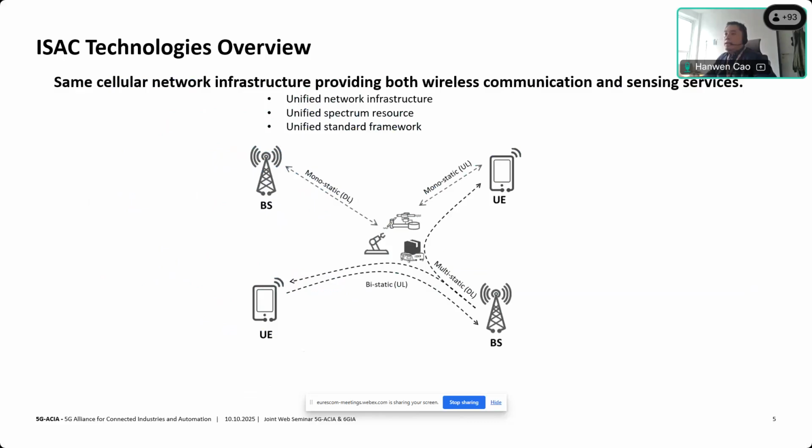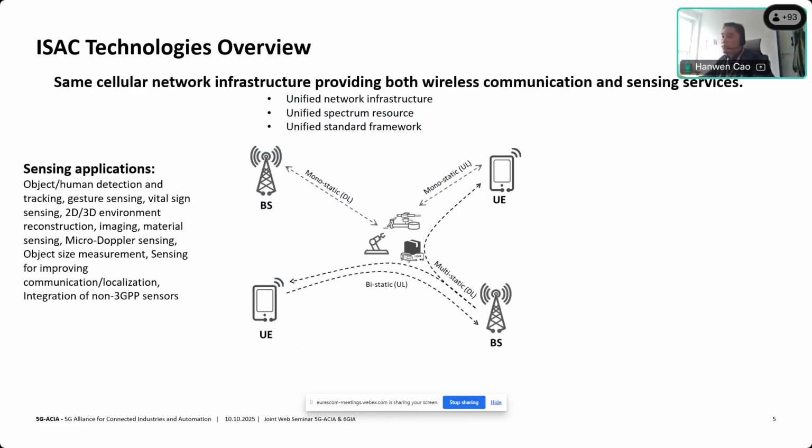And of course, just a brief overview of ISAC, that we think that ISAC has a unique benefit, leveraging the same infrastructure to provide both communication and sensing services with unified network infrastructure, with unified spectrum resource and unified standard framework.